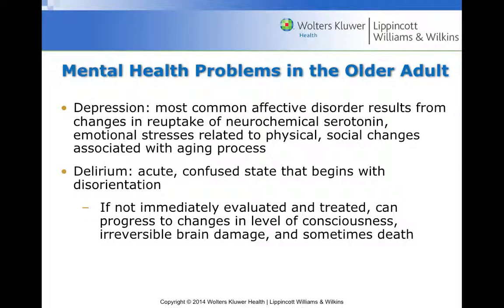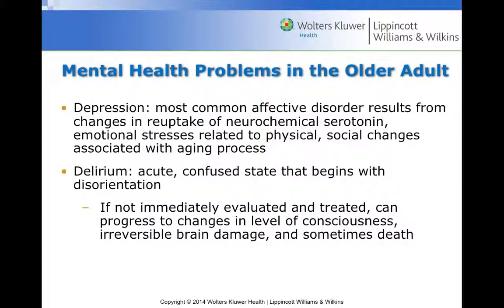So we want to educate our patients when we're talking about these drugs and what other things they're taking, because most oftentimes they will not tell you about the over the counter or herbal supplements that they're taking because they don't consider them medications.